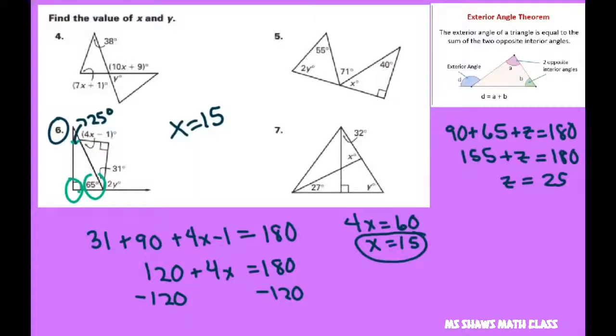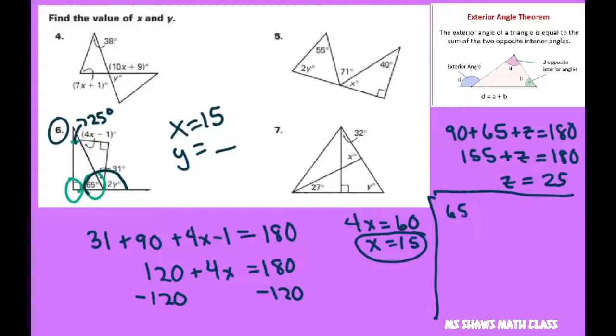Now for this one, we're just going to use our supplementary angle theorem and solve for y. We still need our y. Let's just try to squeeze it in here. We have 65 plus 31 plus 2y equals 180.